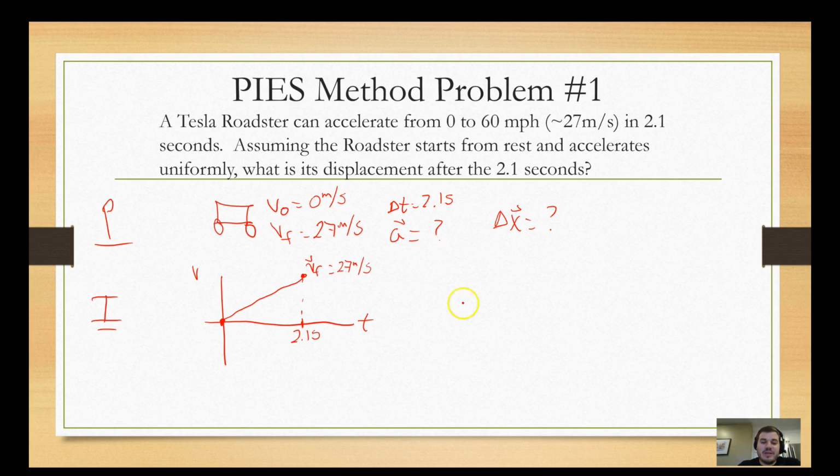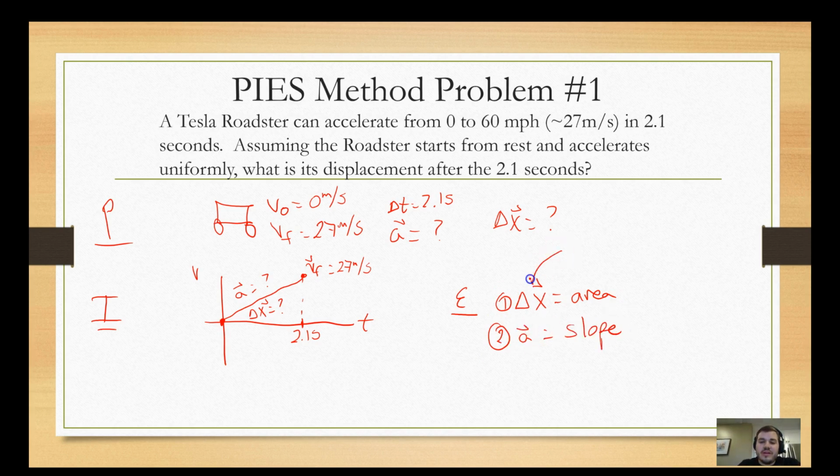To find the displacement then, after we've modeled this information, we can say that the acceleration here is unknown and the area is unknown. The way that we want to solve now is to remember our two bits of information. The displacement's the area, and if we need it, the acceleration is the slope.